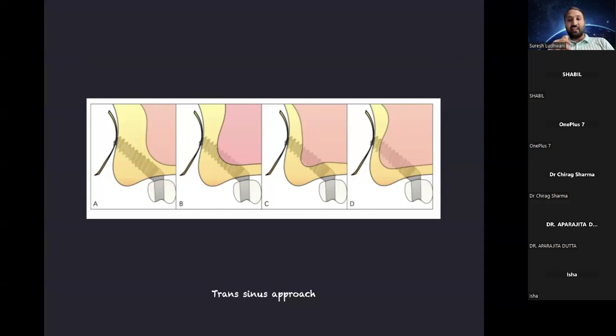But in this scenario, they say that in one case, you are just kissing the sinus lining. In the other case, you are bypassing the sinus lining. In another case, you are going trans sinus. I'm not sure about the trans sinus approach because I feel that it is a little bit of a blind space in which we are playing.